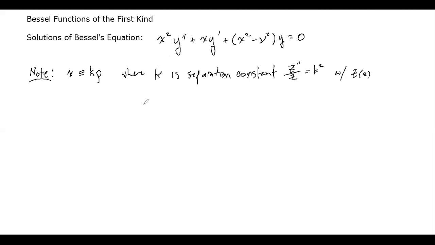Okay. So the point is this is a differential equation, and its solutions are Bessel functions. Depending on what nu is, it could be Bessel functions of a certain type. Let's just consider nu to be an integer for now.